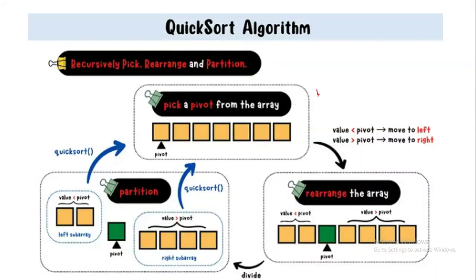The first step in the algorithm is pivot selection. Over here, we are picking the first element as the pivot element. Then in the second phase, we do the partitioning. The partition function will place the pivot element in such a way that all the elements to the left are less than the pivot, and all the elements to the right are greater than the pivot.